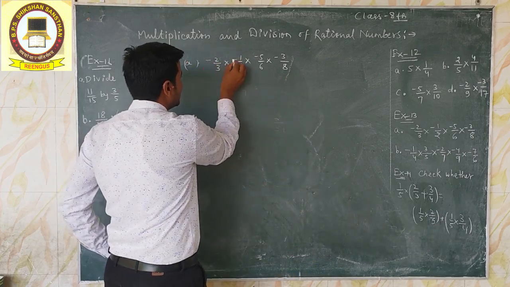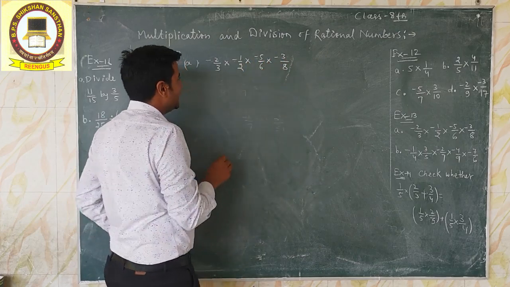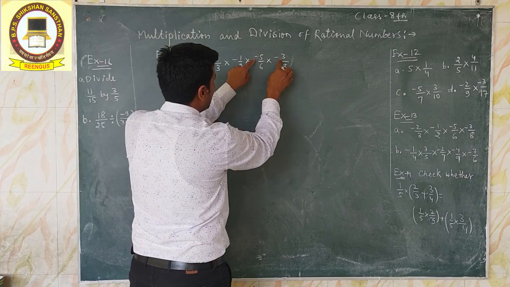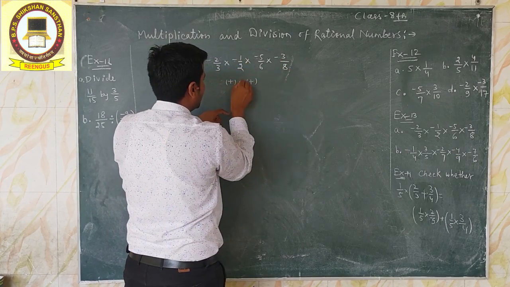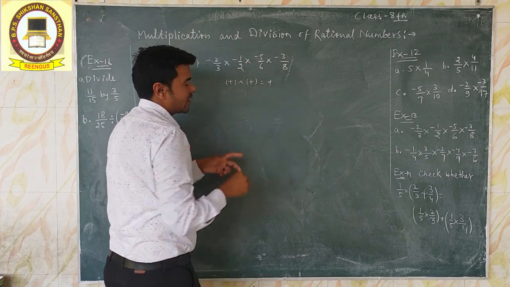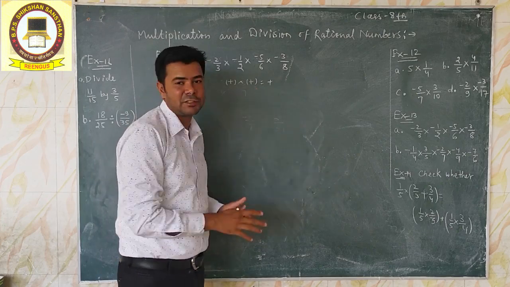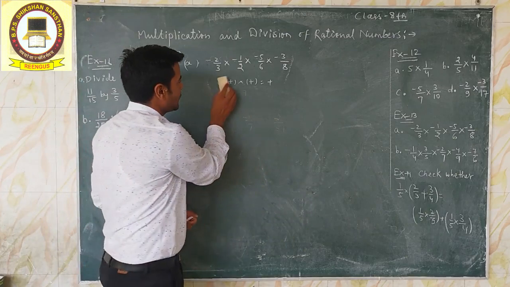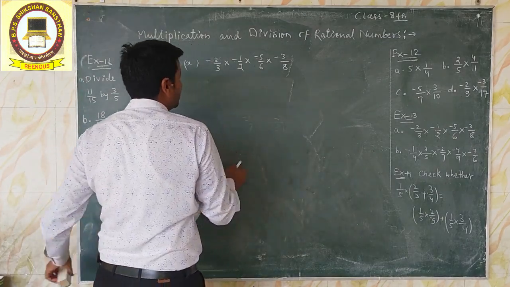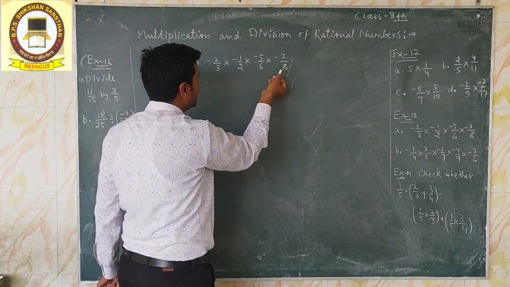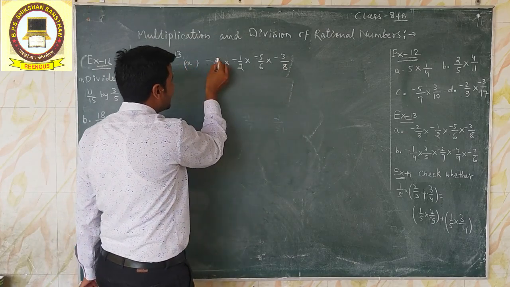There are 1, 2, 3, 4 negative signs. This minus and minus become plus, this minus and minus become plus, and plus into plus is plus. So we will get a positive answer. Now we have to see whether we can simplify any of the numbers.